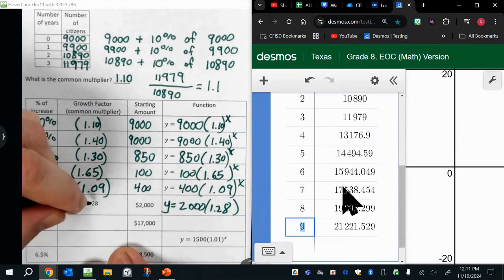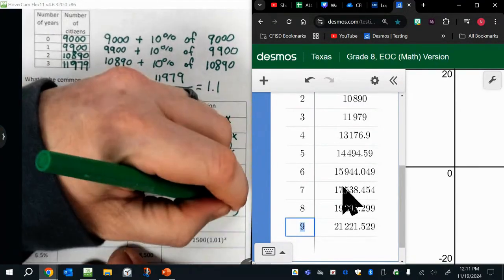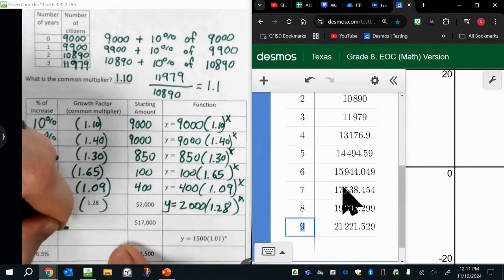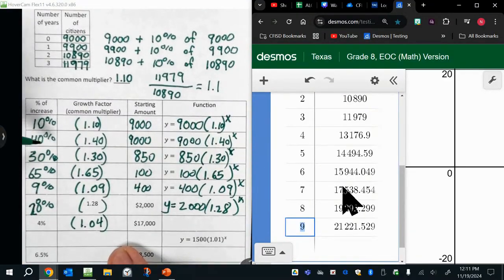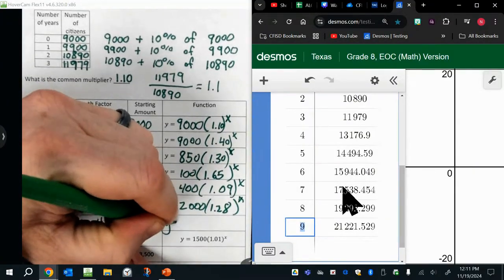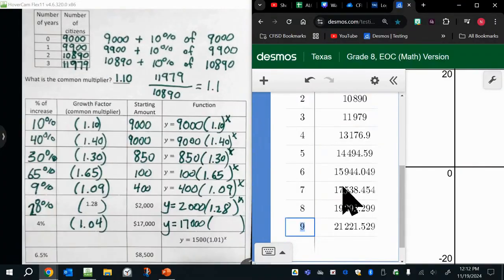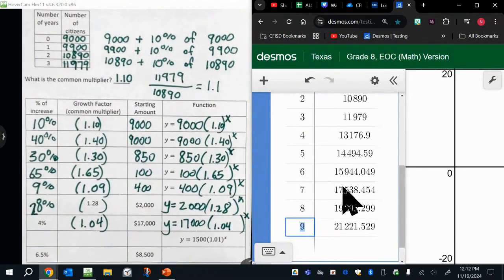It would have to be 28%. For 4%, that's going to be 1.04. Why not 1.40? Because 1.40 is 40%. This is 4%. So this one would read y equals 17,000, and I wouldn't write any commas in the equation or the function. So this would be 1.04 to the power of x.